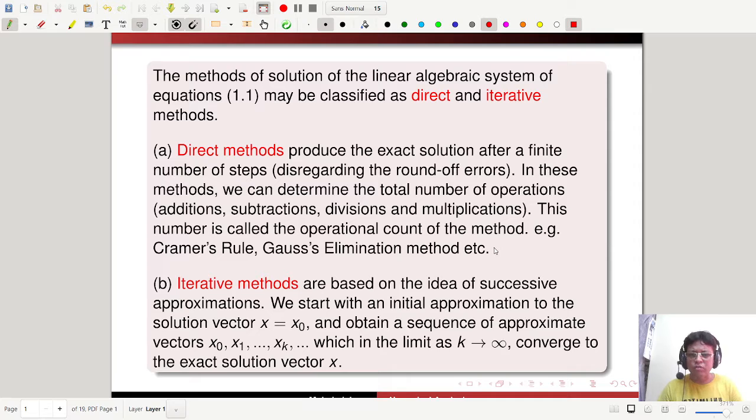On the contrary, iterative methods are based on the idea of successive approximations. We start with an initial approximation to the solution vector and obtain the sequence of approximations x0, x1, etc., xk, etc., which in the limit as k tends to infinity converge to the exact solution vector x.